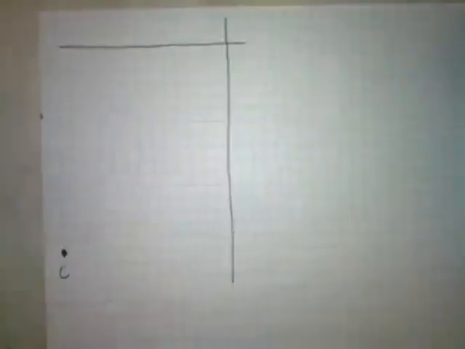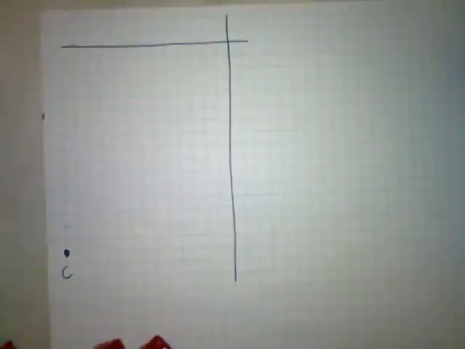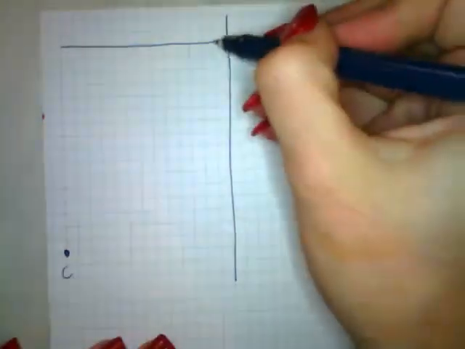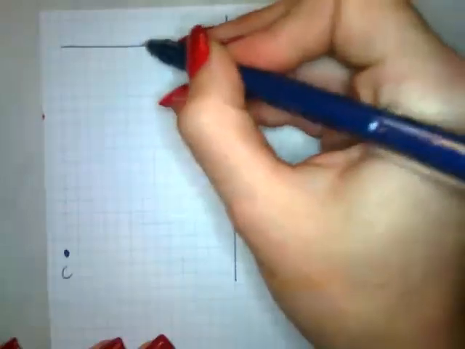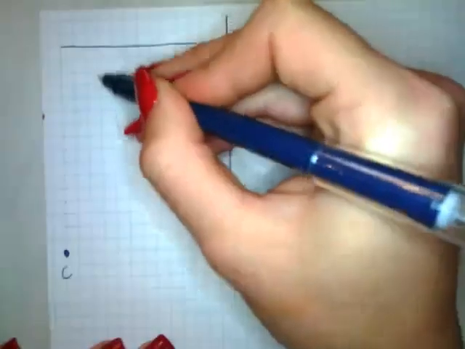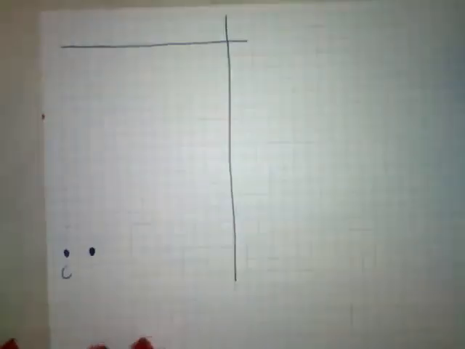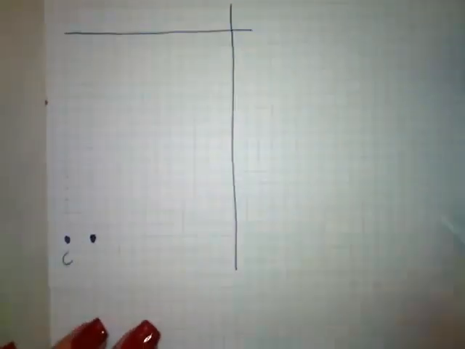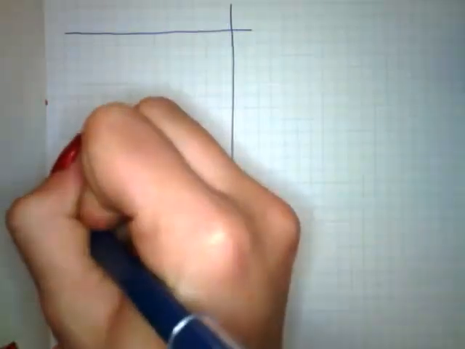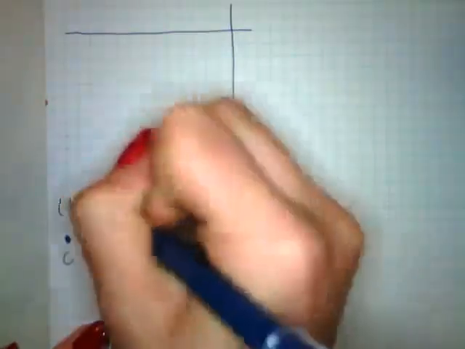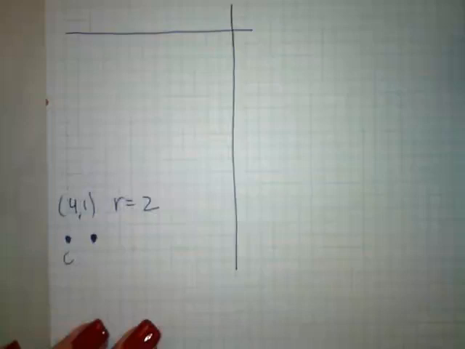Okay, so here's my center. And it looks like another point on the circle is at -10, -16. So all right, that means my center is 4, 1, and my radius is 2.